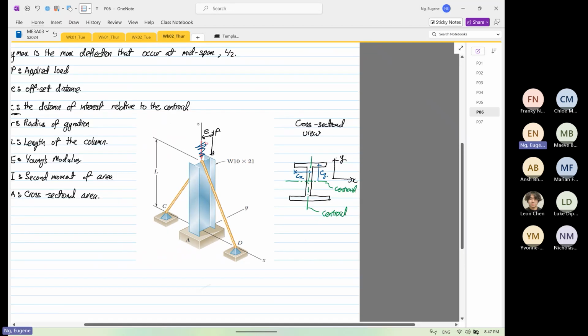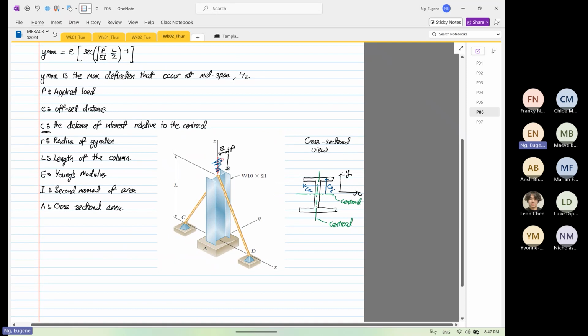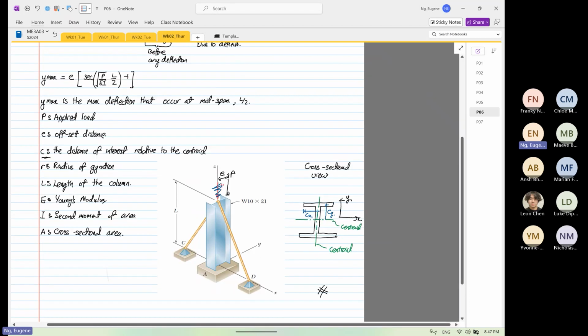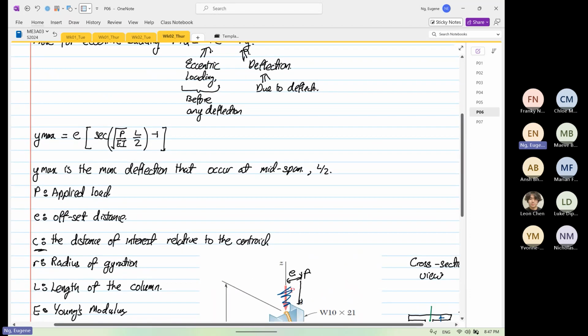So what I'm going to do now is, as I said, this is an introduction to eccentric buckling. I'm going to stop over here. Next week we will do some examples on eccentric buckling. It is not necessarily more difficult, but you have to apply the formula. Another thing before I let you go: the values over here are all in radians.